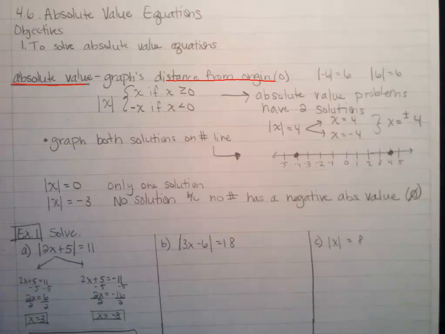If we have an x inside there, we know that it is x if x is greater than 0. But it's also negative x if x is less than 0. So what this means is that absolute value problems will have two solutions.